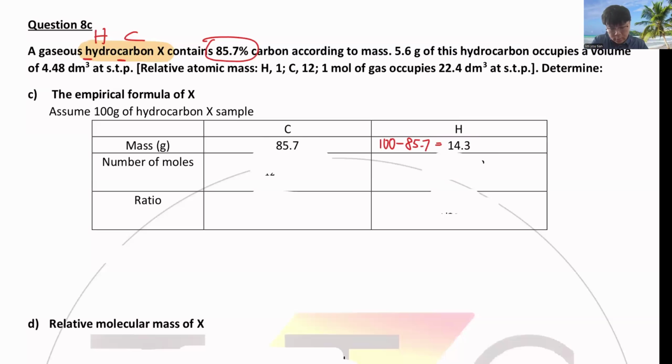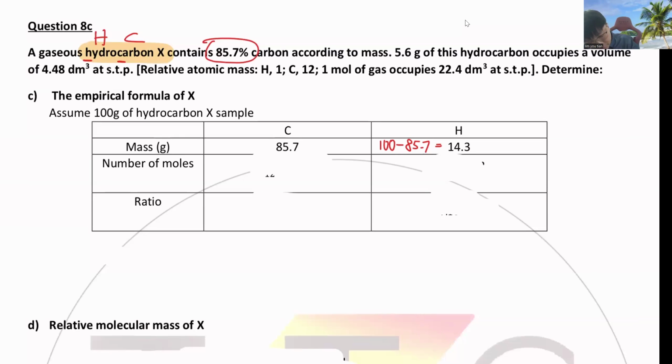100 minus 85.7. I need to show the teacher how I get 14.3. Once you are ready, the next step, you calculate. You remember you need to assume 100 gram, because if you assume you have 100 gram, it means 100 gram equals to 100%.